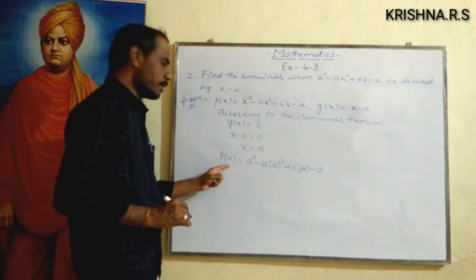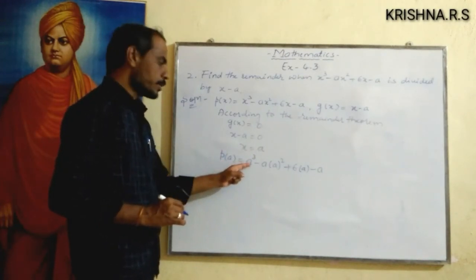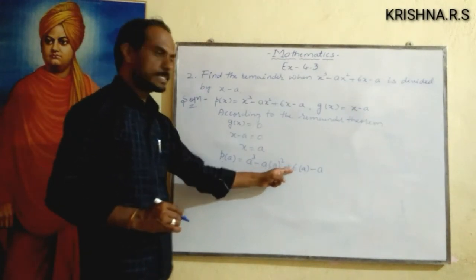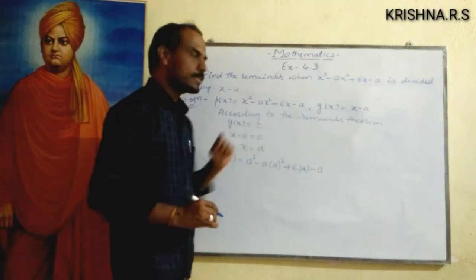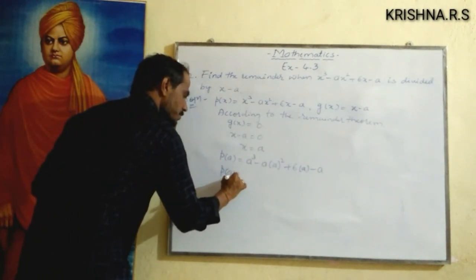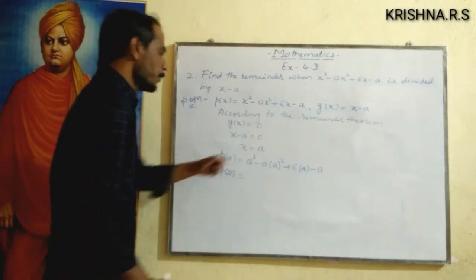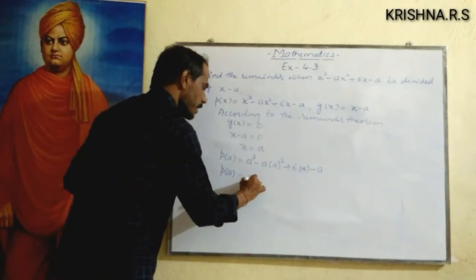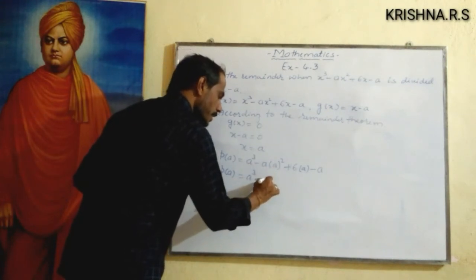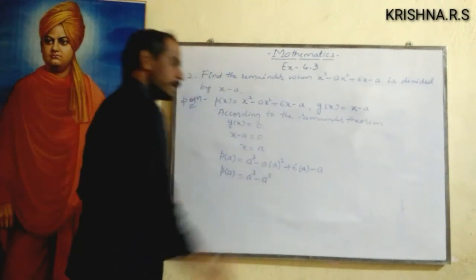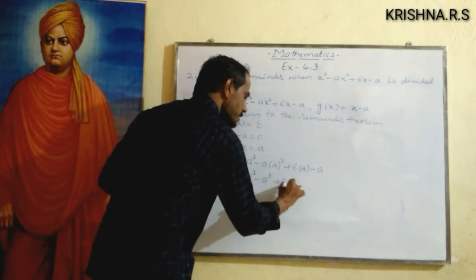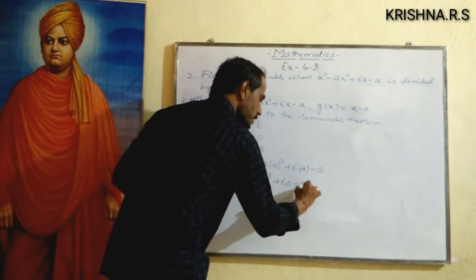Then I got p of a is equal to a cube minus a into a square plus 6 into a minus a. Next step. What is the next step of this simplification? Let us see here. A cube is as it is. A cube minus a into a square. A into a square is a cube, plus 6 into a is 6a, minus a.